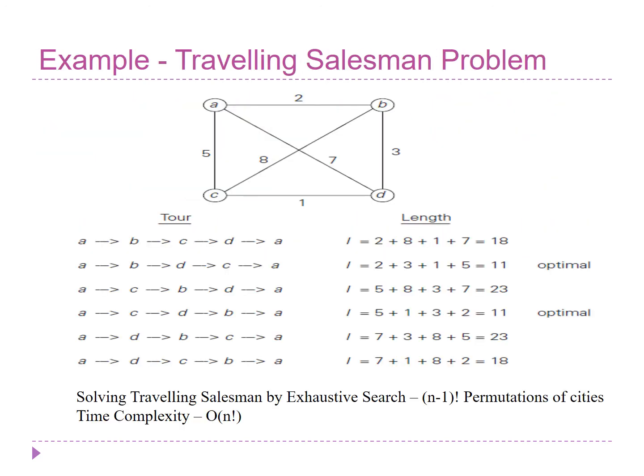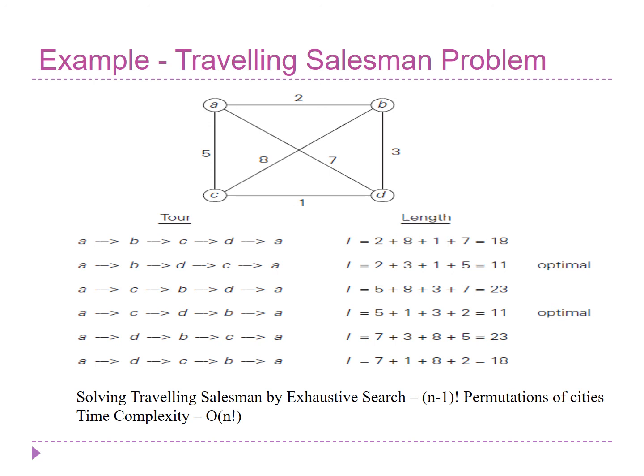Let us solve the traveling salesman problem for the undirected weighted graph given here. The graph given here consists of 4 vertices A, B, C and D with weights associated with the edges connecting them.